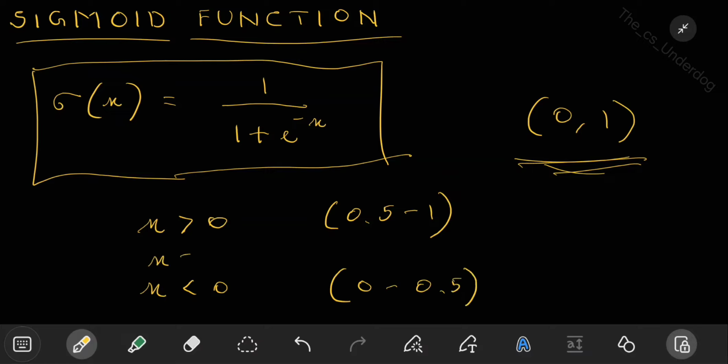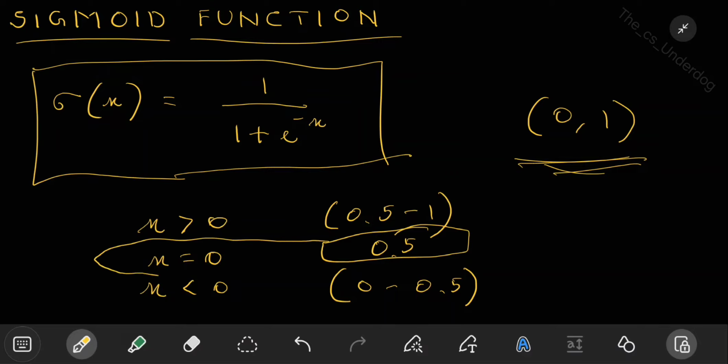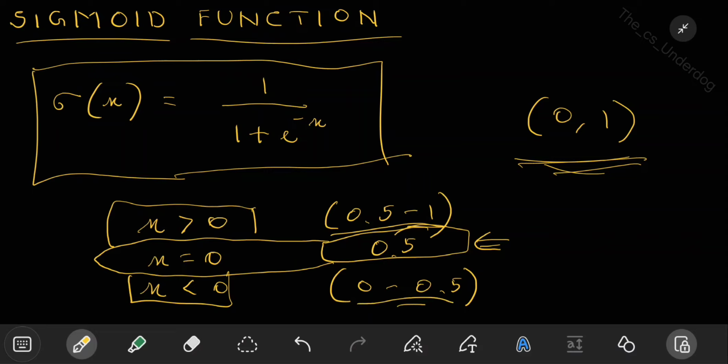And if you give exactly x equal to 0, then the value will be 0.5. So this is especially useful for binary classification because right in the middle, when x is 0, the value is 0.5, which means equal probability. When x is greater than 0, it is above 0.5 and below 1, so that means a higher probability. If x is less than 0, that means it is between 0 and 0.5.